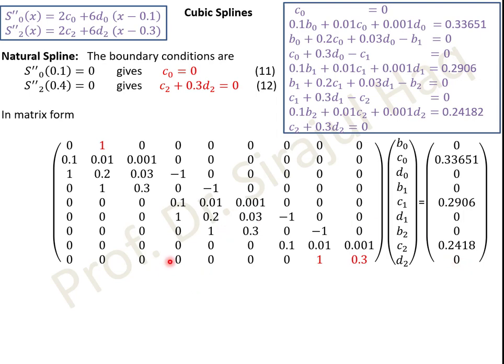This is the matrix form Ex is equal to B, where this is the coefficient matrix, and you saw how we got this coefficient matrix.